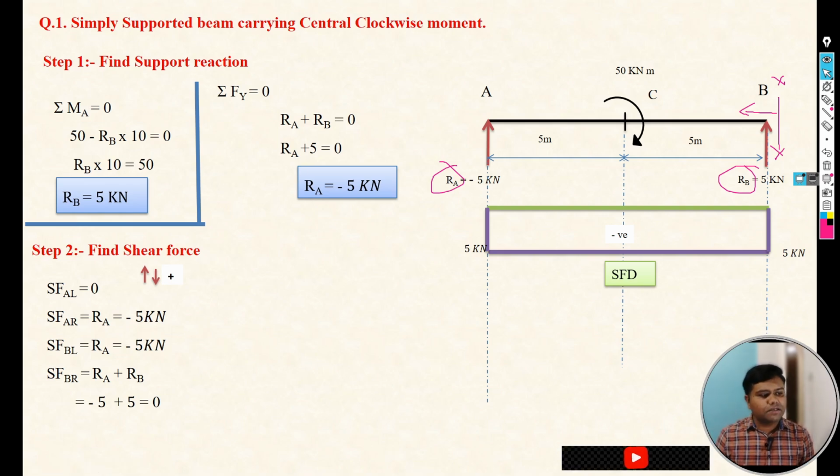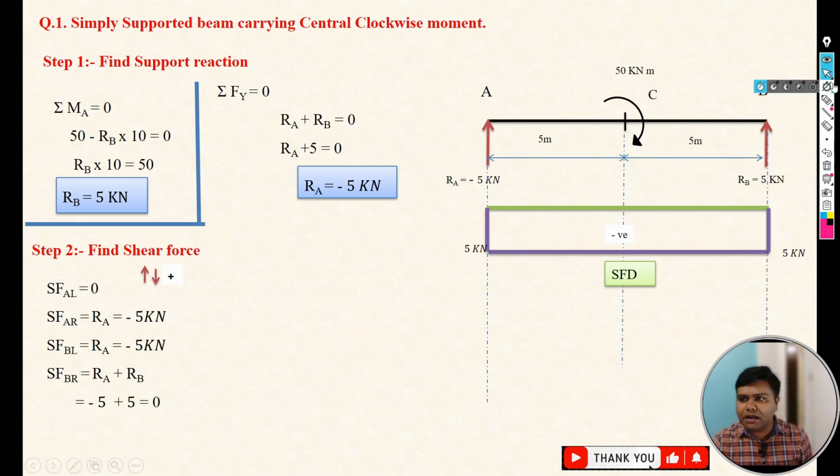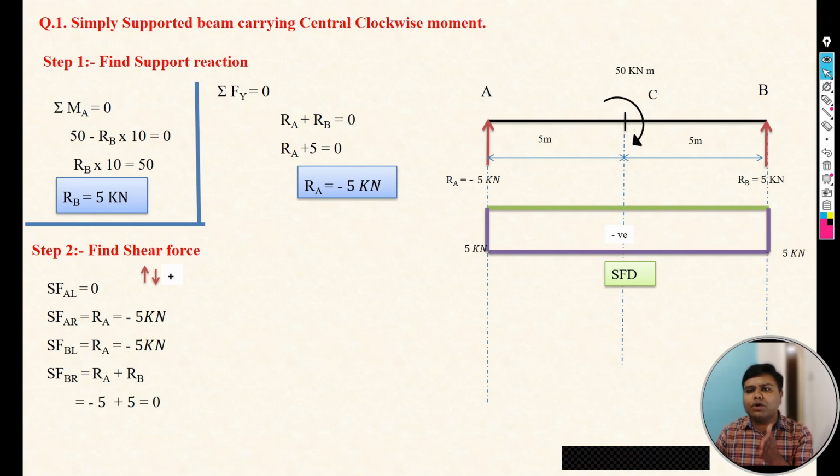Next is the calculation of the bending moment diagram. For this, we have to calculate the bending moment at each point, like A point, C point, and B point. But if you see, at B point there is a moment. When any point is subjected to a moment, we need to take the moment at the left of that particular point and the right of that particular point.